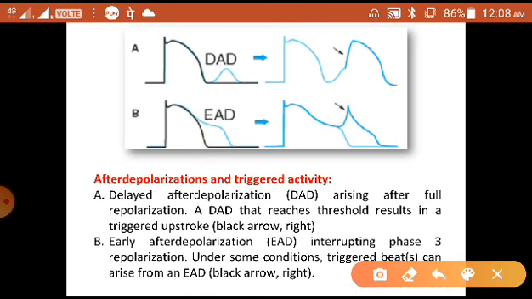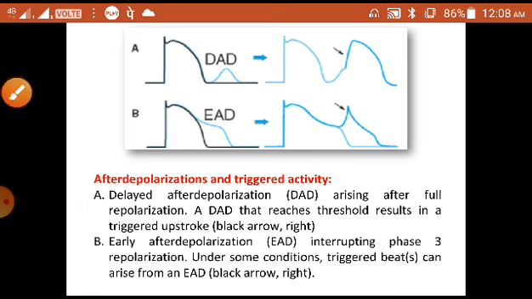The second condition is called delayed afterdepolarization. Same word: after the depolarization, another depolarization came, which is delayed. Now you shouldn't think it is delayed compared to the normal. No, it is delayed compared to the early. You compare these two here. It's not delayed than the normal, but it is delayed than the early.